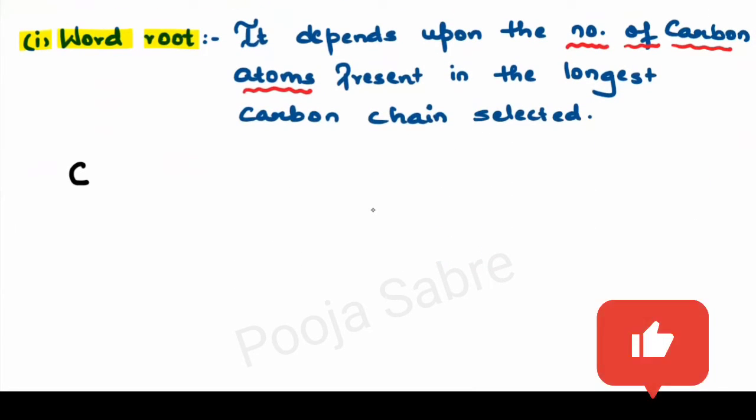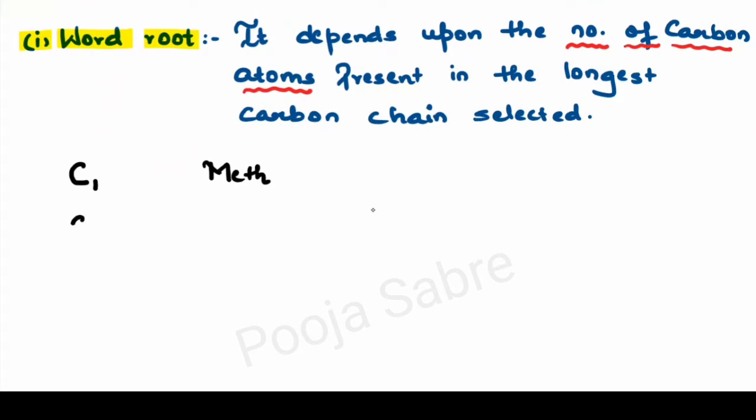Suppose, children, I write C1. It stands for one carbon atom. The word root which I am going to use is meth. For 2 carbon, we use the word root eth. C3, that is 3 carbon, would be prop. C4 is but.